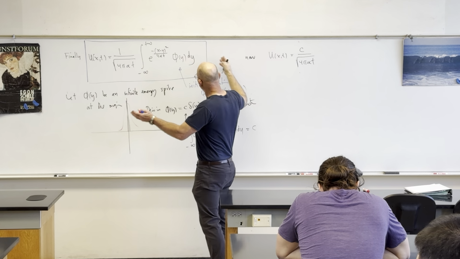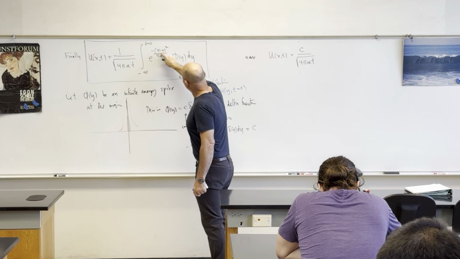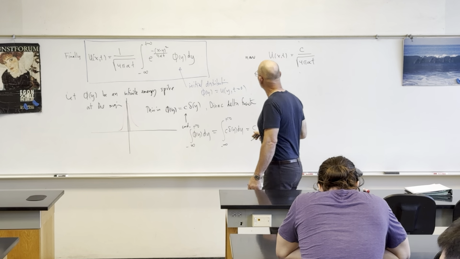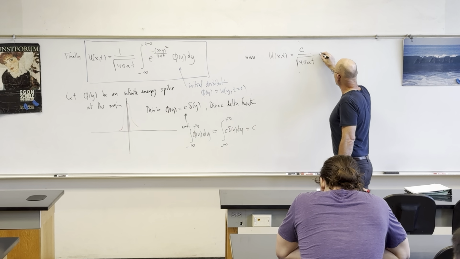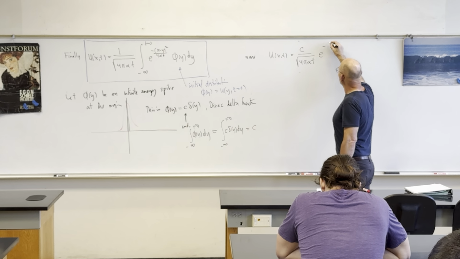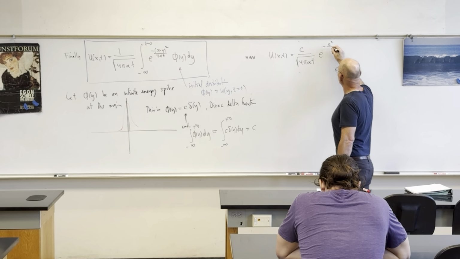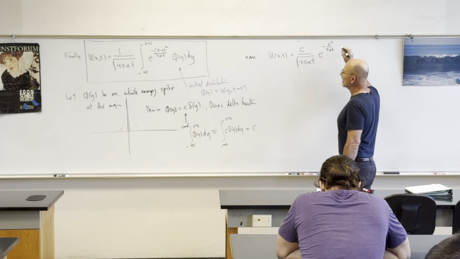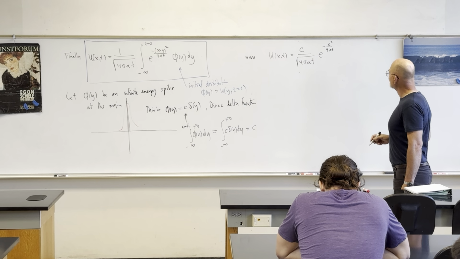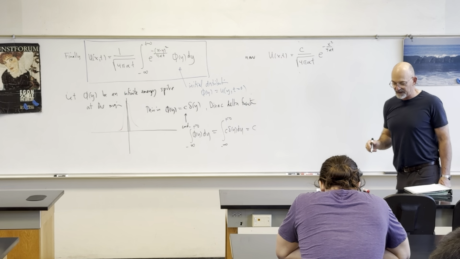So we're getting rid of the integral, and we're plugging in a 0 where y is, and we picked up that constant c, so now we have e to the minus x squared over 4 alpha t. And that's much easier to look at.